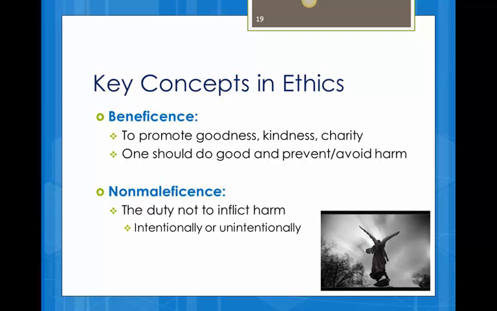Another example of unintentional non-maleficence is maybe not reporting unethical practices or substandard practices. We know that this can inflict harm, and if we see individuals doing things that aren't up to standard, then that could definitely be an unintentional non-maleficence issue.